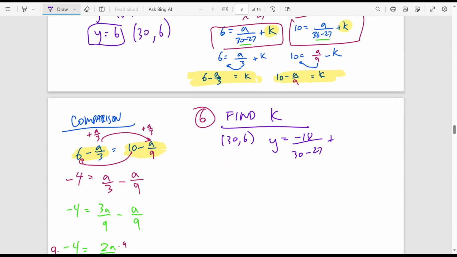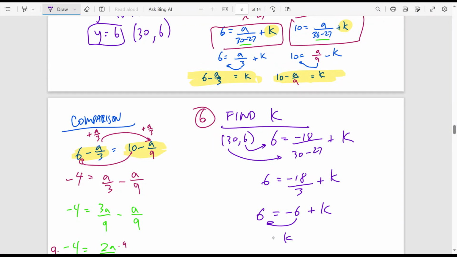Plus K. And I'm going to throw this guy here and that guy there. Now we can solve for K, because it's the only thing missing. So 6 is equal to negative 18 over 3 plus K. 6 is equal to negative 6 plus K. K will be equal to 12.